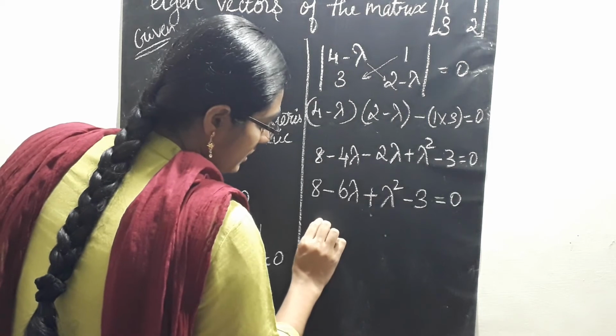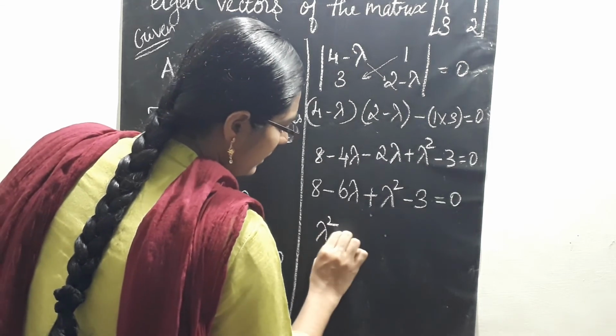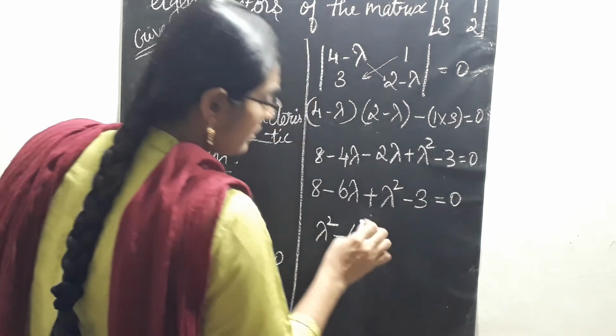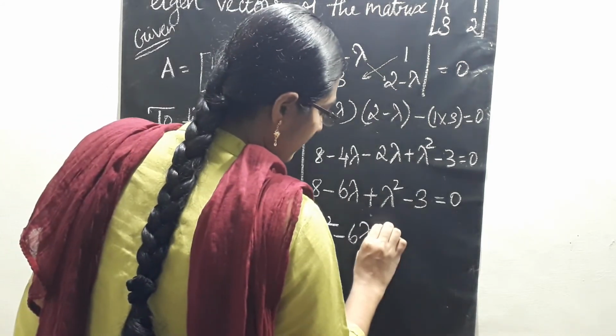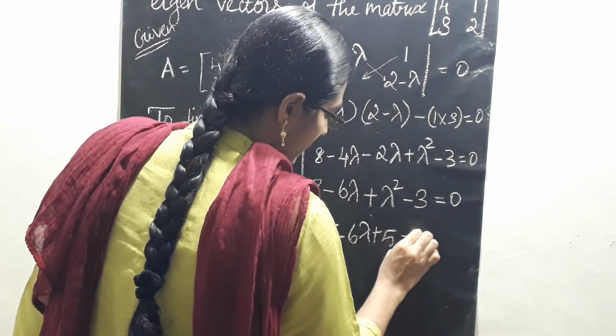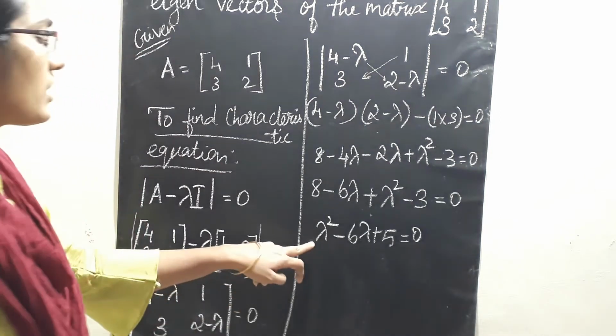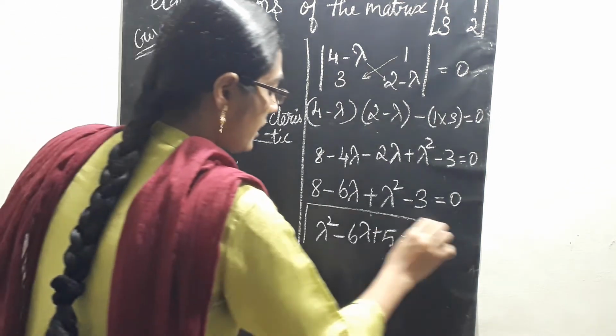So if you rearrange this, you will get lambda square minus 6 lambda, 8 minus 3 is plus 5, equal to 0. So this is your required characteristic equation.